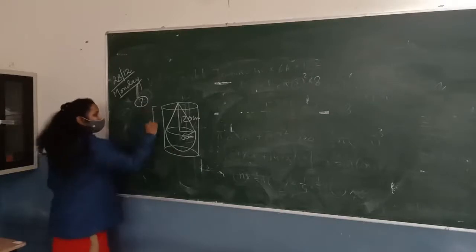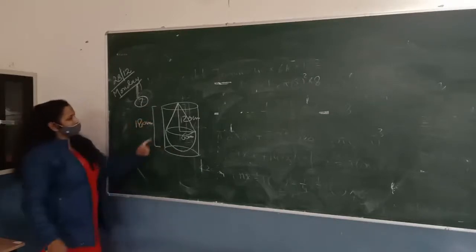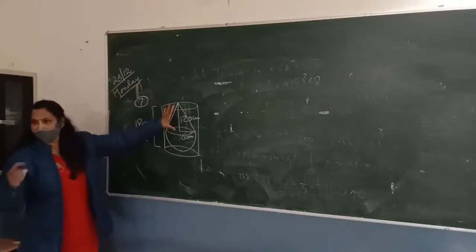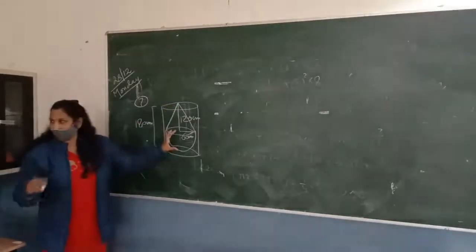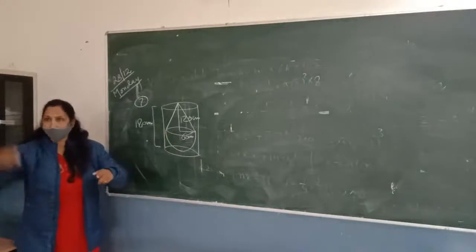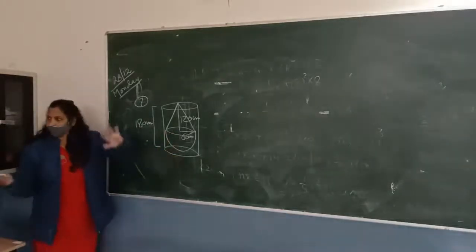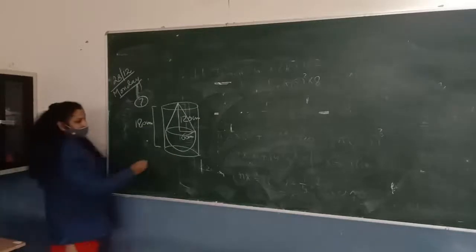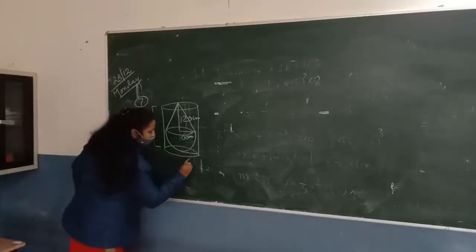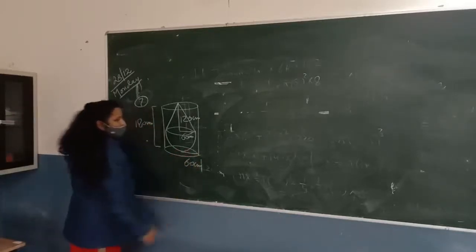Now the height of the cylindrical portion is 180 centimeters. The height of the conical portion is 120 and the height of the hemisphere is 60. So the total height of this object is also 180 centimeters, है ना? So ये आपने ऐसे रखा हुआ है, पूरा का पूरा इसके अंदर फिट हो रहा है. And the radius of this cylinder is also 60 centimeters, the same radius.